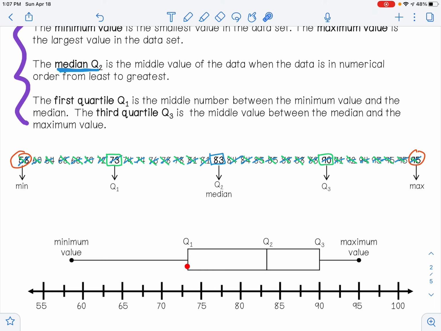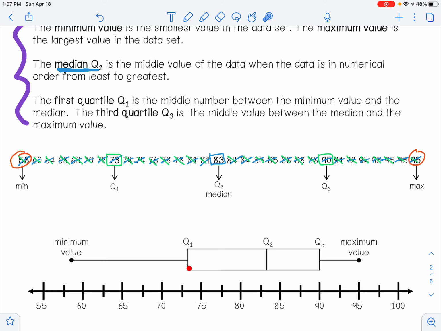Q1 is represented by the beginning of this box, and so Q1 is 73. The median Q2 is always represented by a vertical line, and we said that Q2 was at 83. Q3 is the end of the box, and we found that to be 90. And then our maximum value is 95.